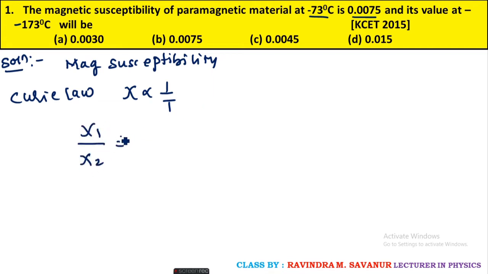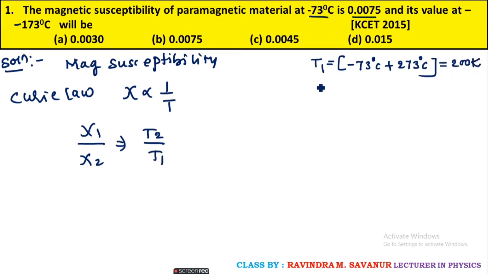chi 1 divided by chi 2 is T2 upon T1. Here the temperature is minus 73 degrees Celsius. Convert it into Kelvin, adding 273, and that temperature T1 becomes 200 Kelvin.